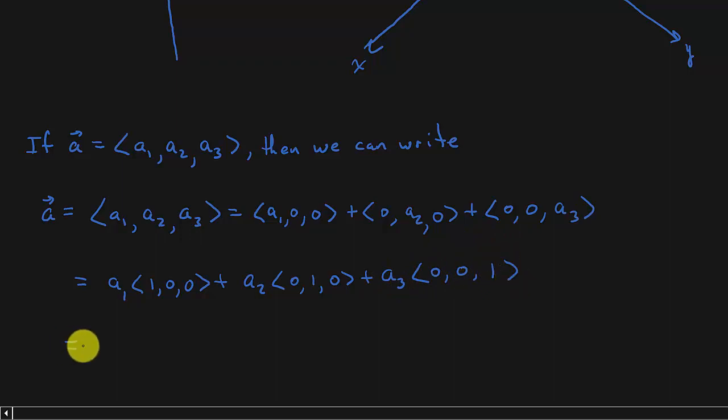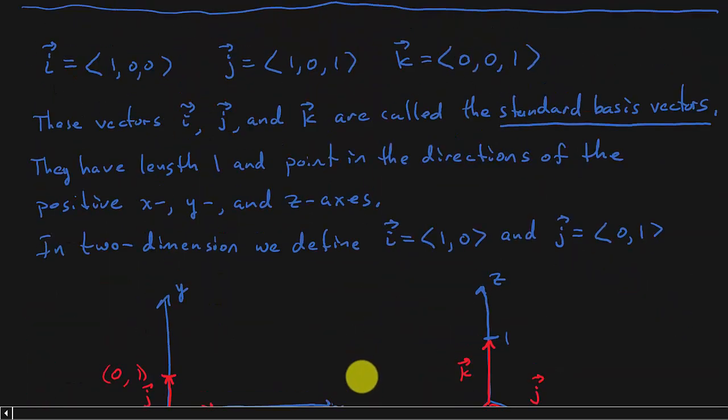All right. Now, what is this? Well, of course this is vector A here. So vector A is equal to A1 times this vector. Now, what is this vector? This is vector I, right? Remember from up here? See, vector I is 1, 0, 0.